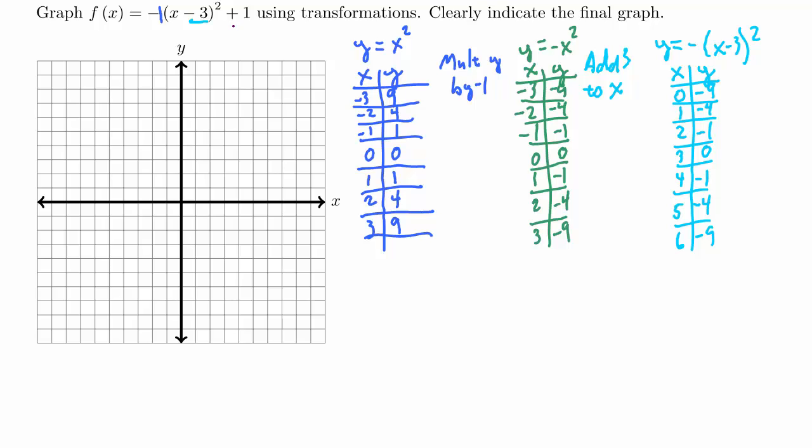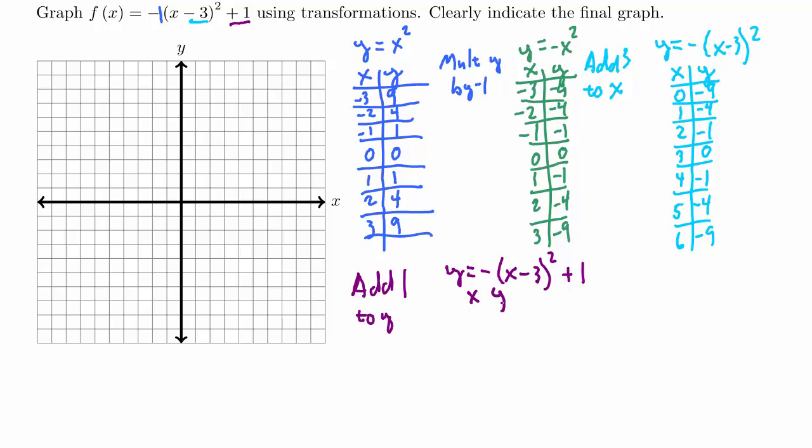Next, I go on to this plus 1 at the end. Because it's on the outside, I do what it says. So it means that I add 1 and it's on the outside, so I do it to the y value. Therefore, I need to add 1 to the y's. So that gives me y is equal to negative parentheses x minus 3 squared plus 1.